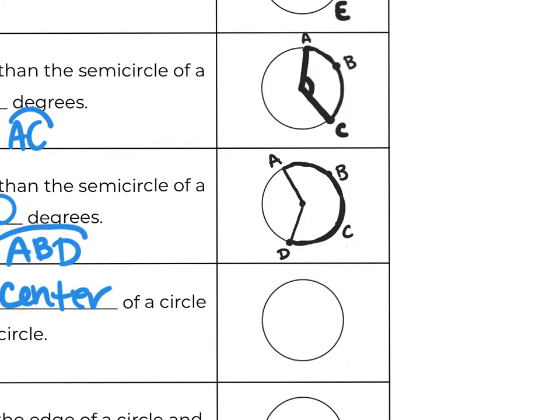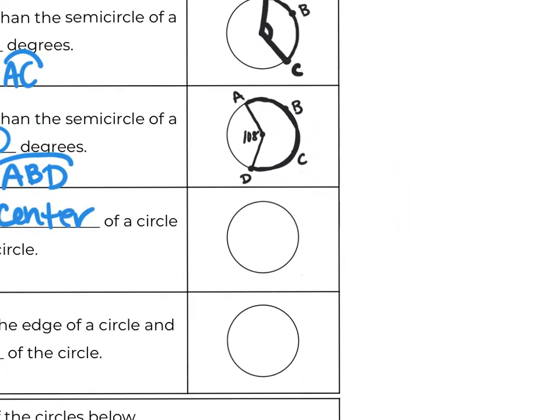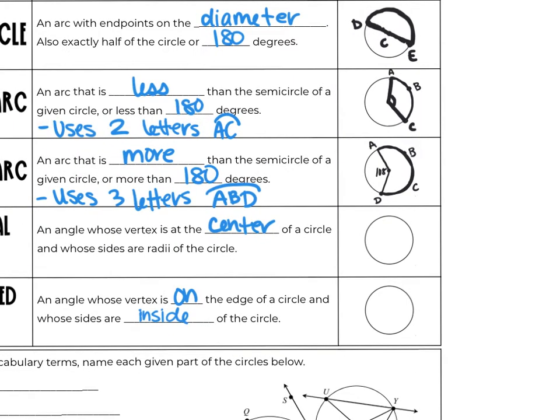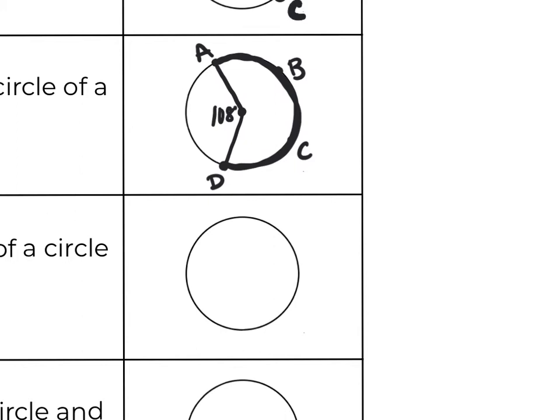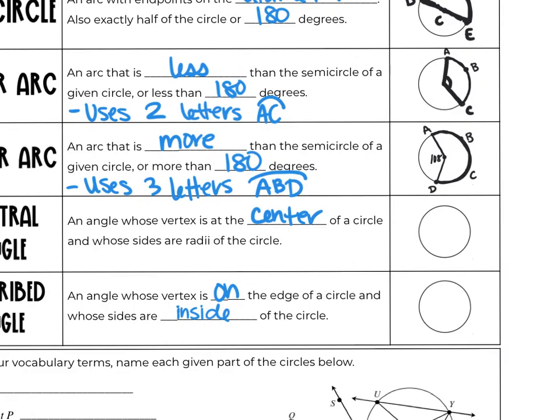I want to say that the minor arc, which we don't have here, is like 108 degrees, so the major has to be more than 180. This big part here has to be over 180 because it's a pretty big portion of the circle. And you use three letters to name it. So I could technically say arc ACD. I just picked B to name mine. You can use either one, but the endpoints have to be the endpoints. It has to start with A, it has to end with D, and then you could have picked B or C.